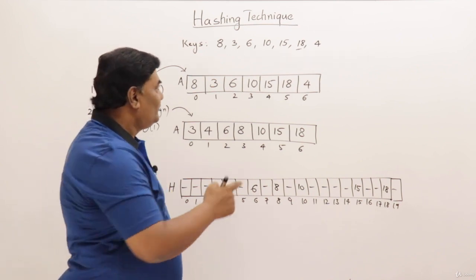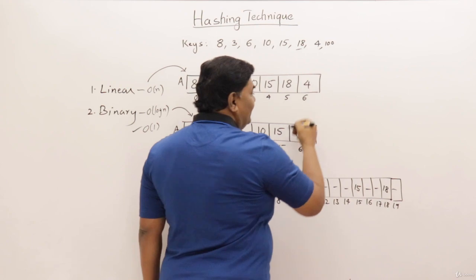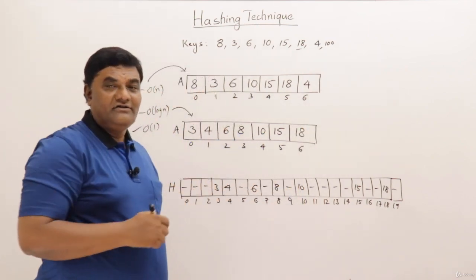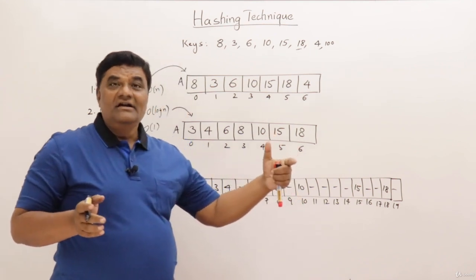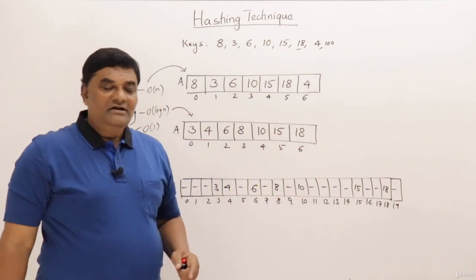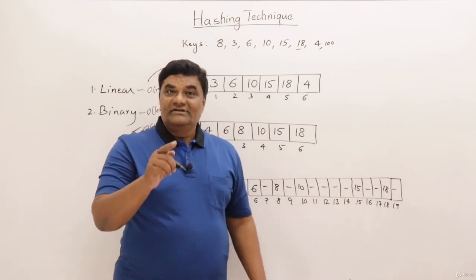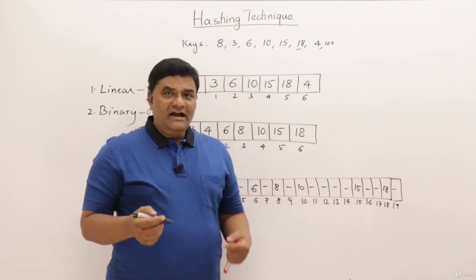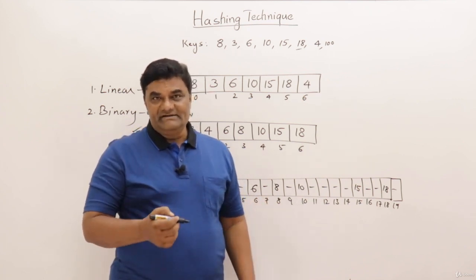Right? So suppose the next number I want to insert in this list of keys is 100, then I should have an index 100 also in the array. So though I have only 8 elements, I may be having 100 spaces. So a lot of space is required and a lot of space is wasted. So this is the drawback. We have to do something to reduce this huge consumption of space.